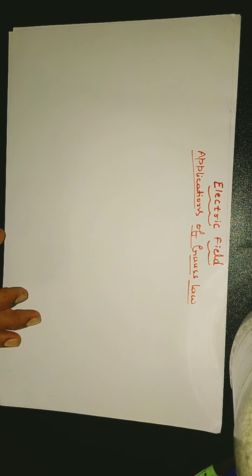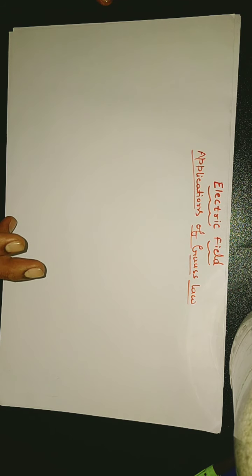Dear students, in the last class, we had started with applications of Gauss law, wherein we had derived the expression for electric field at a point due to a charged, long, straight, infinite wire, and we had derived that E is given by 1 by 2 pi epsilon naught into lambda by R, where lambda represents what is called the linear charge density.